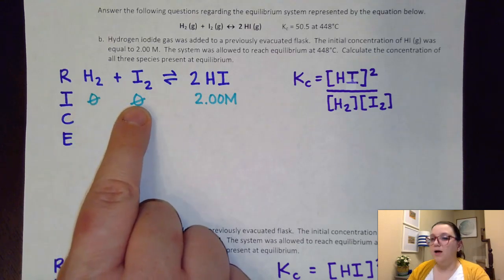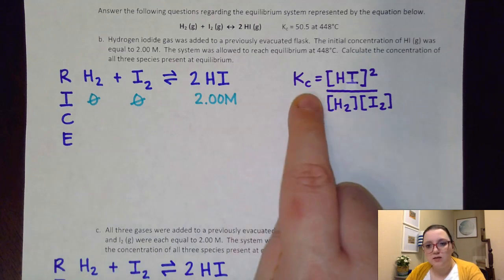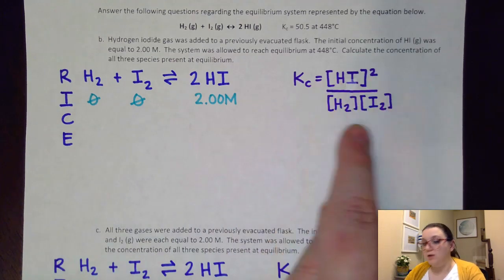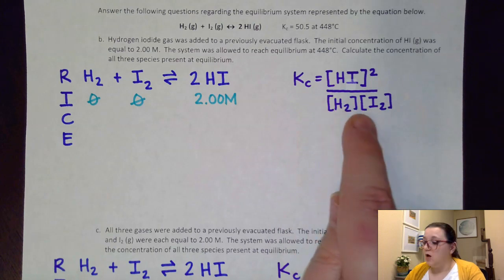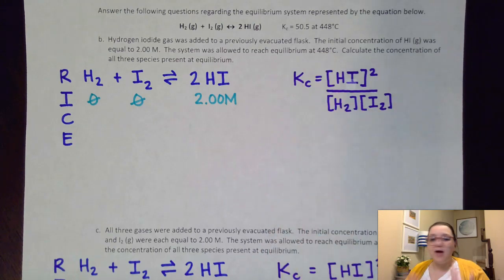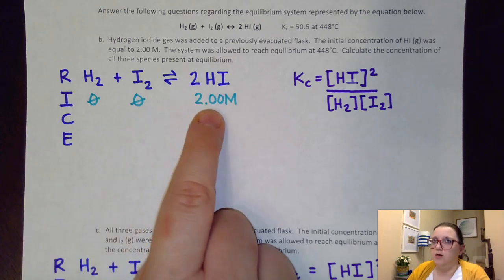And so again, I went and wrote my Kc expression, plugging in my products over reactants. Hopefully this looks familiar because it's the exact same Kc that we saw on the previous page, because it was the exact same equation. So then I want to think about what's going to go in this RICE table. I have only product right now.